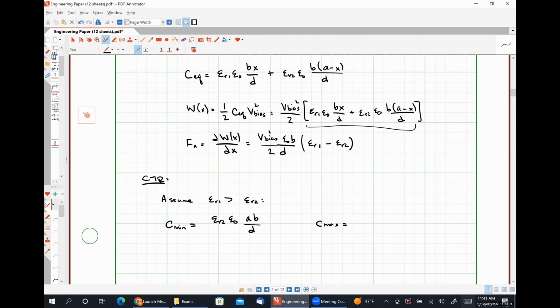The maximum capacitance occurs when the channel between the plates is completely filled with the material having the larger relative permittivity.